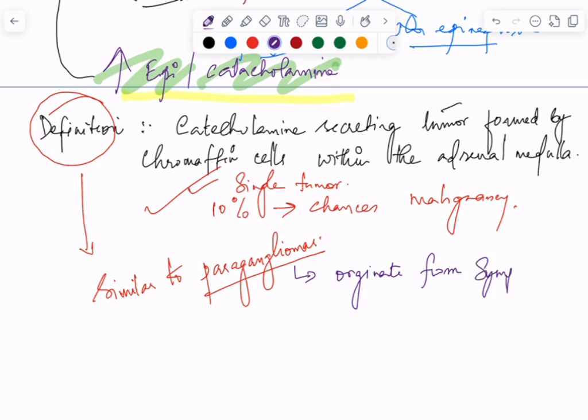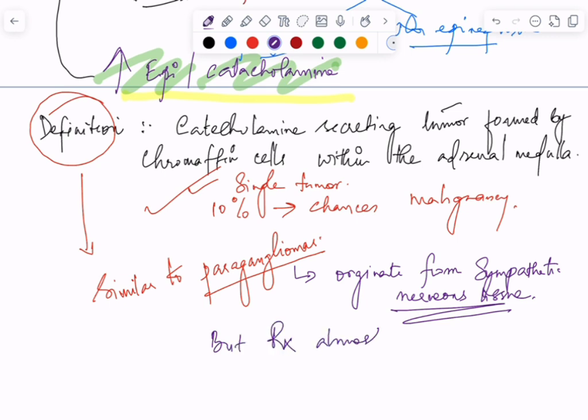In both cases, the sympathetic system is rising. The treatment is also similar. So you have to understand that for these two cases, paragangliomas and pheochromocytoma, the symptoms are the same, the origination is a little bit different, but the treatment is almost similar.